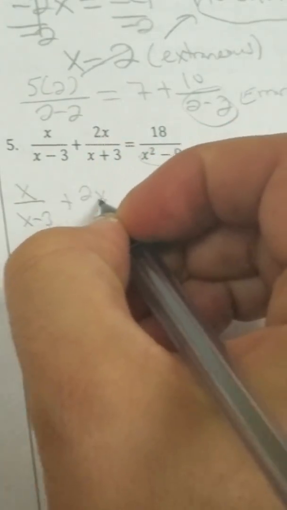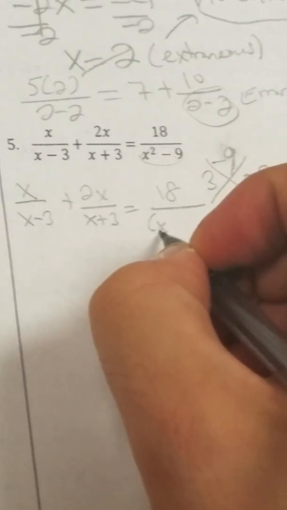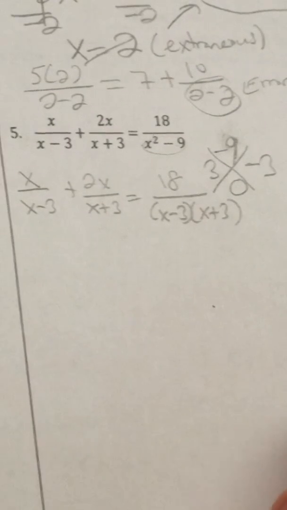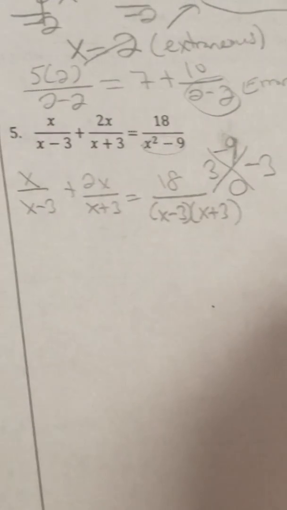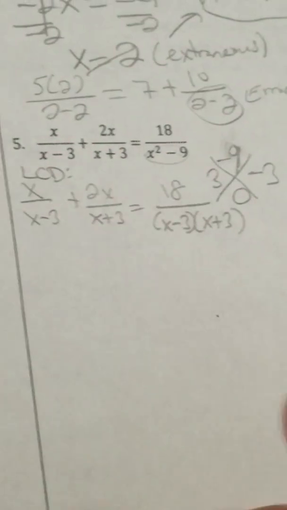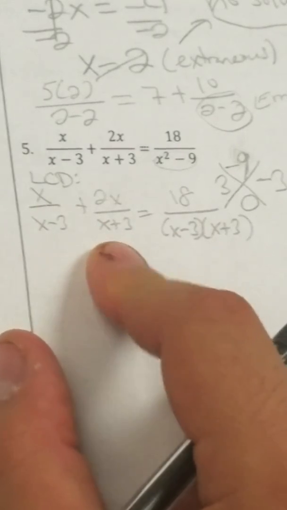So let me rewrite this. All right, so now our LCD. So let's do our least common denominator. So we have 1 x minus 3 here, we have none here, and we have 1 here.